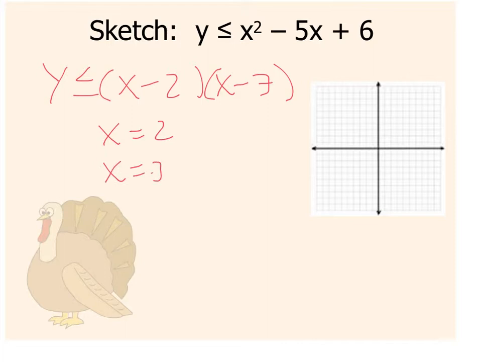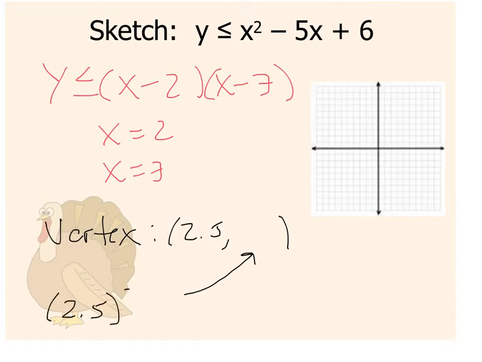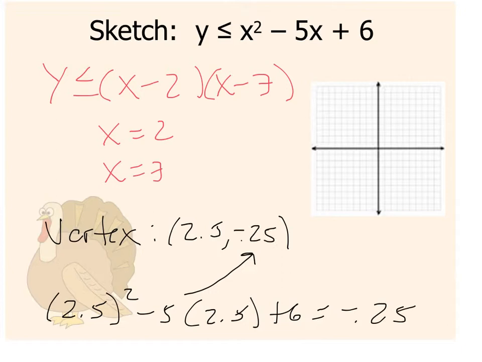2 and 3 are the x-intercepts. Now halfway in between those, if I wanted to find the vertex, which would be another good reference point to have, halfway in between those would be 2.5, but to get my y-coordinate, I would have to evaluate that. 2.5 squared minus 5 times 2.5 plus 6, and I get -0.25.